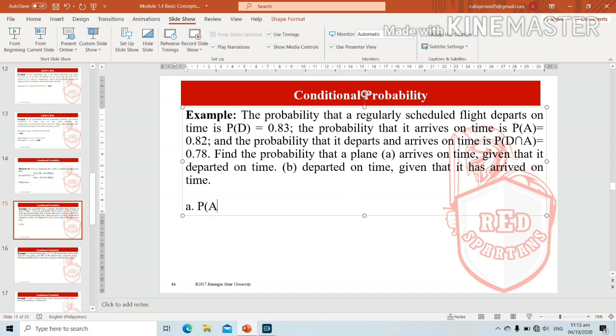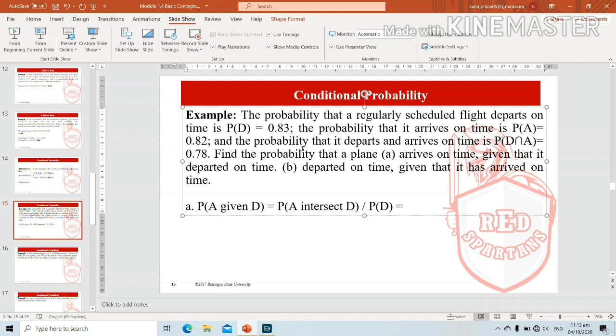Yung A. Arrive on time given that it departed, or given D. Probability ng A given D. So, ibig sabihin, ang ating numerator ay yung intersection ng A intersect D. I-divide natin siya sa, kung ano yung nasa right, probability ng D.